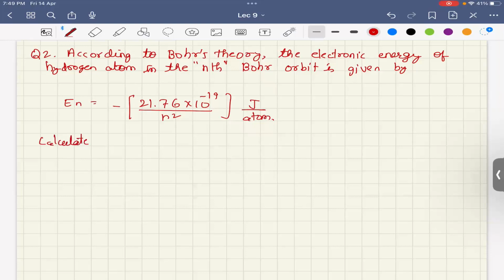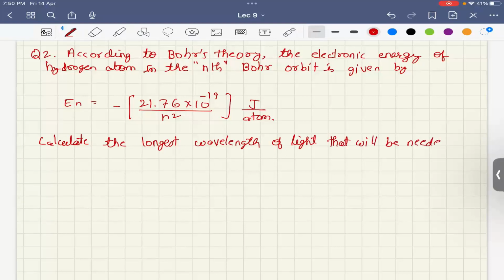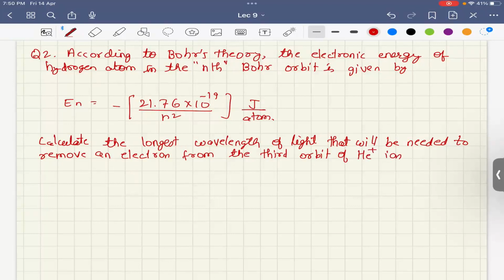We have to calculate the longest wavelength of light that will be needed to remove an electron from the third orbit of He plus ion.